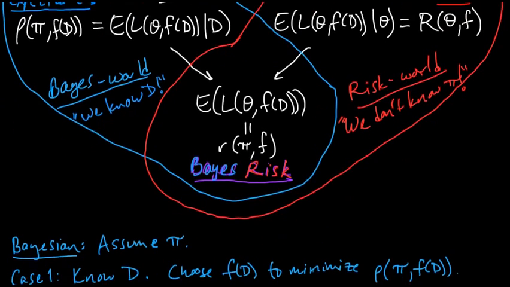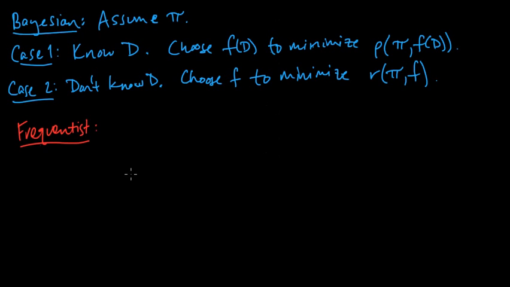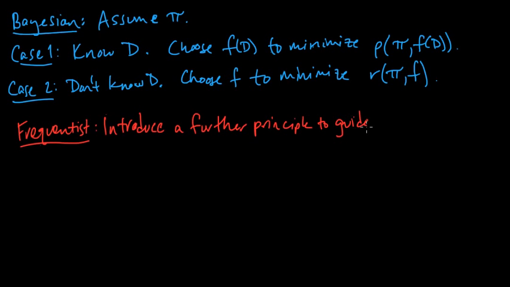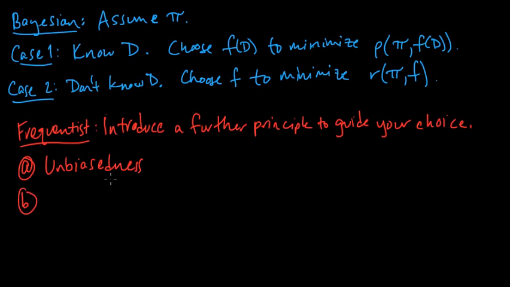But to turn this into a well-defined problem, the solution which has classically been used is to introduce a further principle to guide your choice, to make this a well-defined problem. And some of the principles which have been used, unbiasedness would be one principle that you can use.